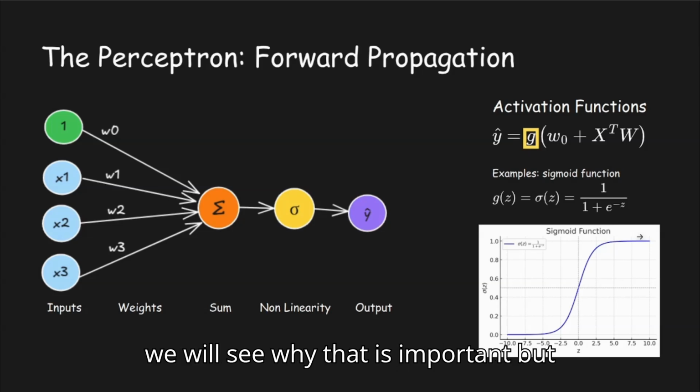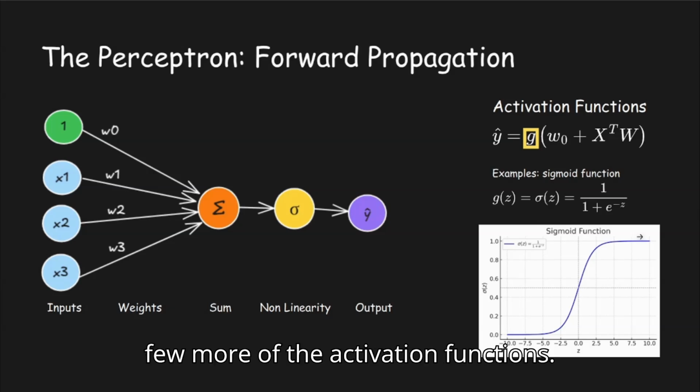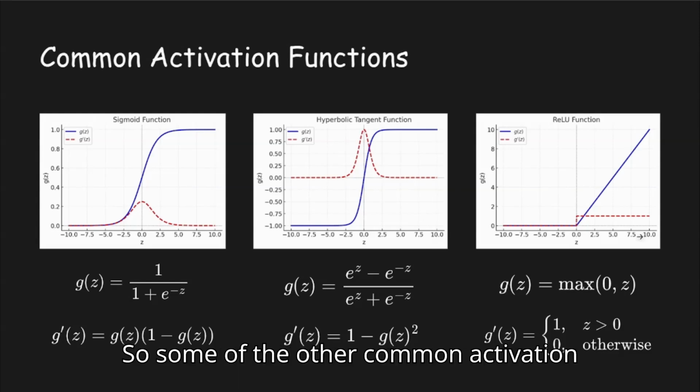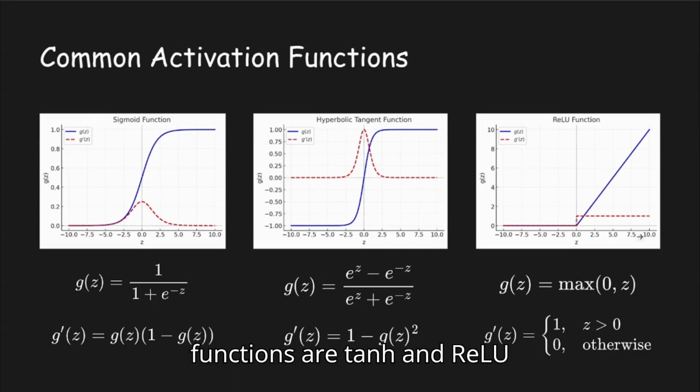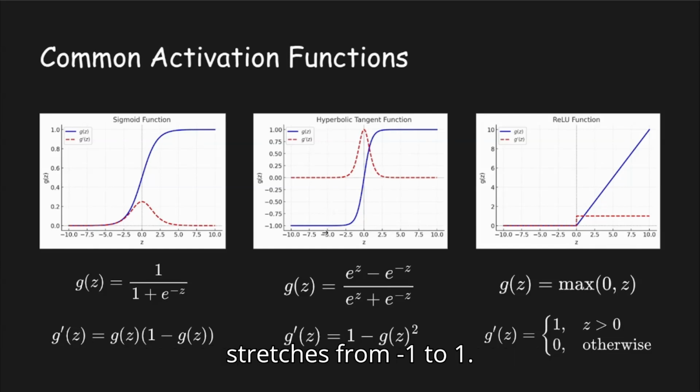Now we'll see why that is important, but before that, let's also talk about a few more of the activation functions. Some of the other common activation functions are tanh and the ReLU function. The hyperbolic tangent function looks very similar to sigmoid. The only difference is that sigmoid stretches from 0 to 1, and this stretches from -1 to 1.